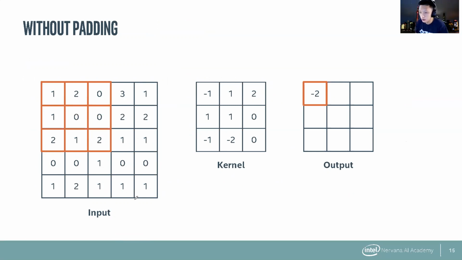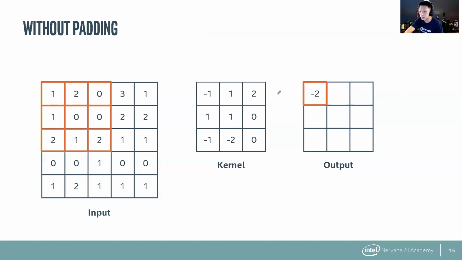How is this done? It's pretty simple. There are a couple of parameters that control this, but let's assume the simplest case for now. You take this 3x3 kernel and you slap it on first at the top left. You do the multiplication, you take the dot product between the kernel and the slice of the input, and you get -2 out.